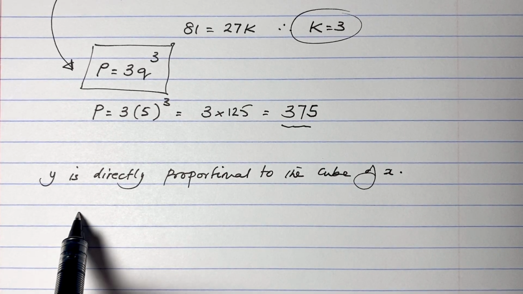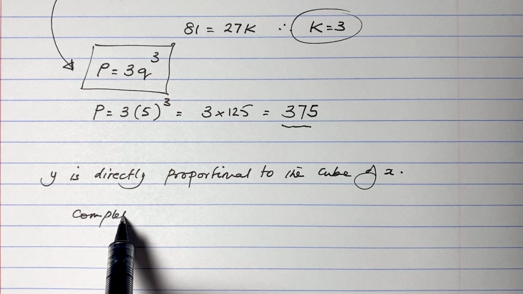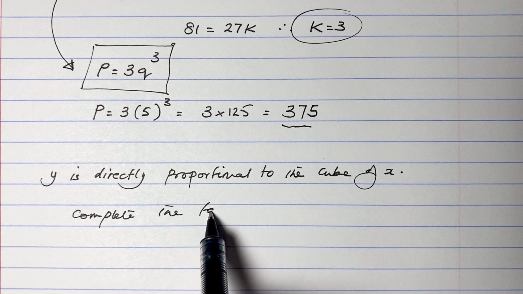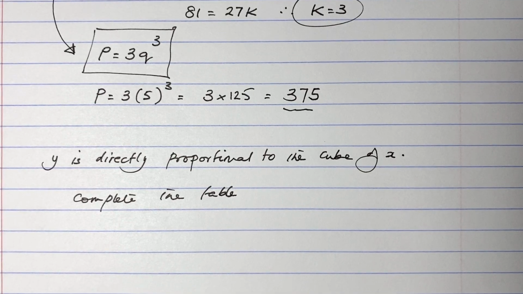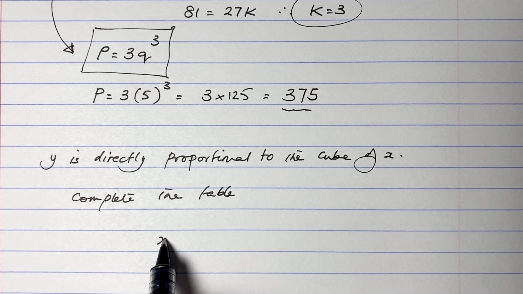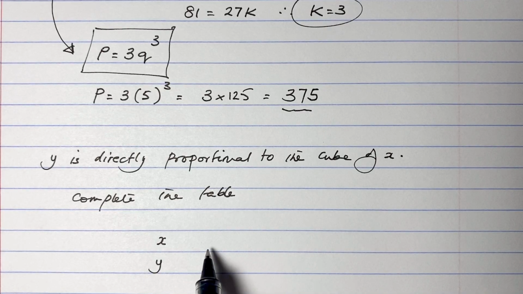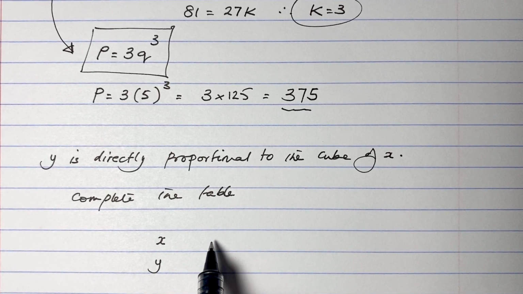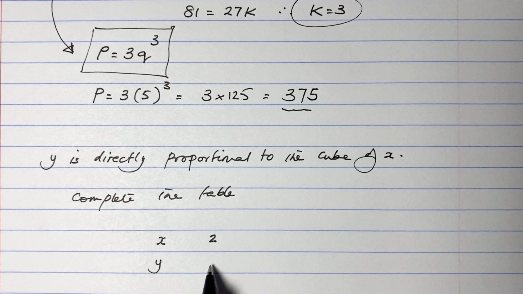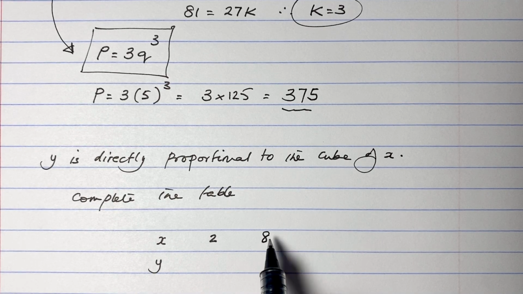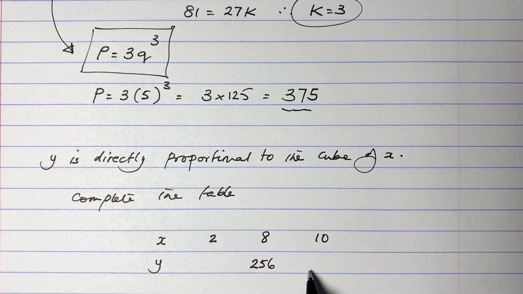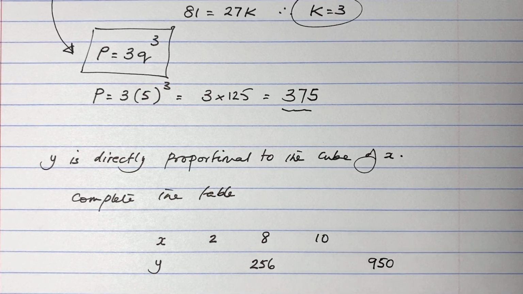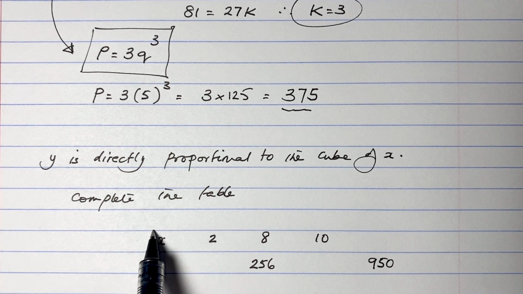And it says complete the table. They would give you a table, x, y. They give you the value of x to find the value of y, they give you the value of y to find the value of x. So all the gaps, it's a table. I can just draw the table.